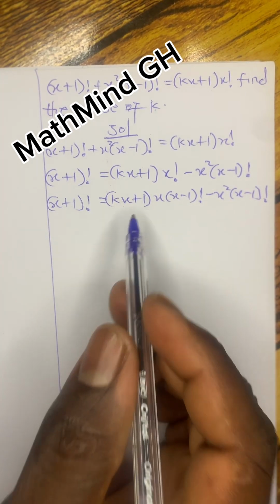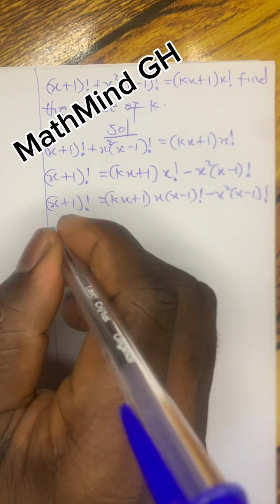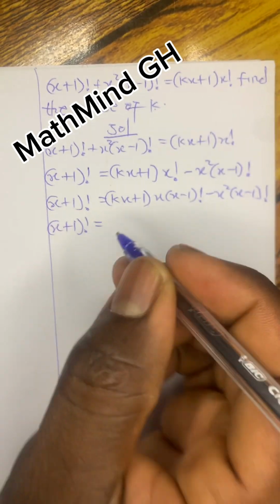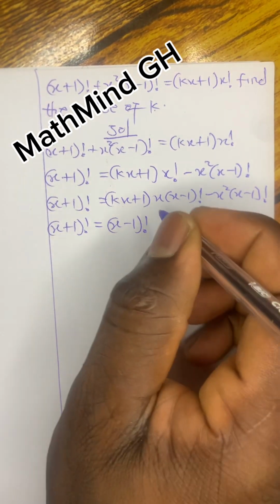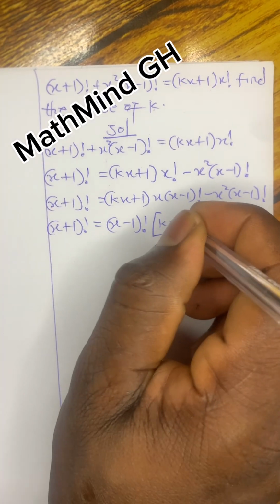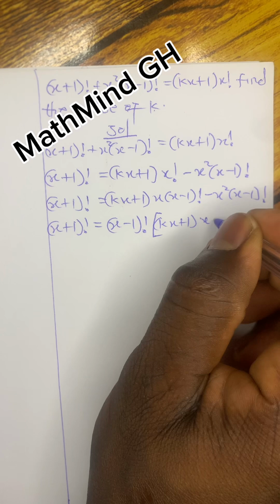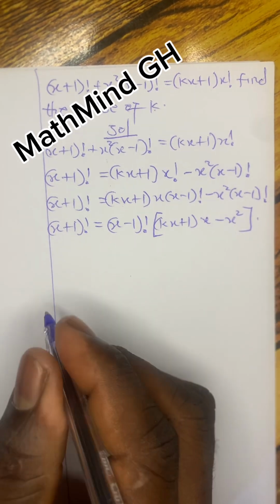Then at this stage, I can factor out the (x−1)!, and that will give me (x+1)! equal to (x−1)! times the bracket (kx+1)x minus x². Then I have this here.